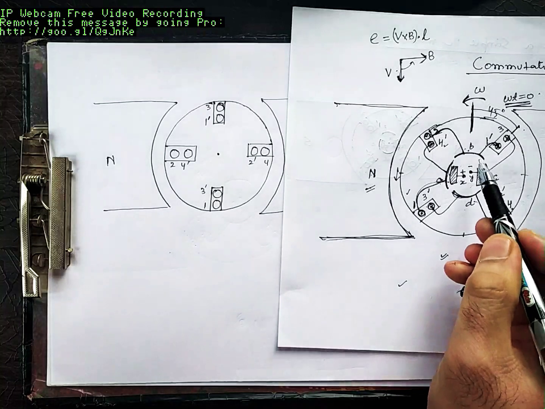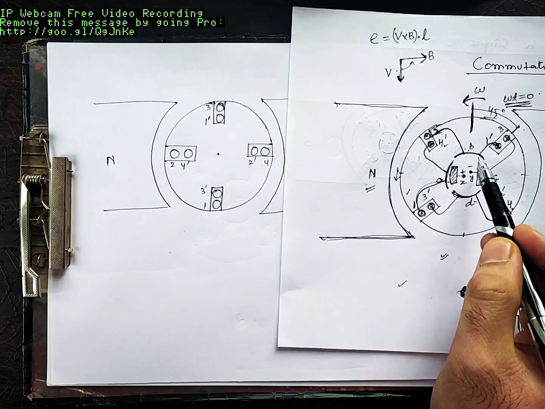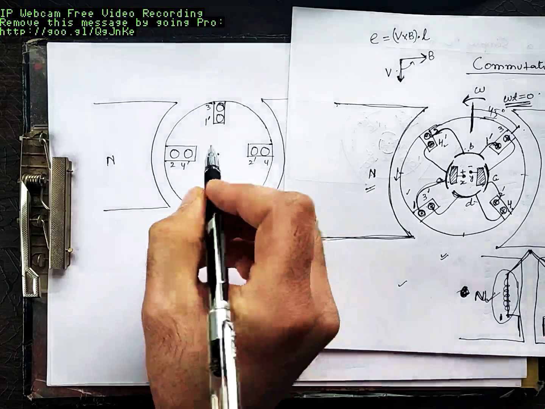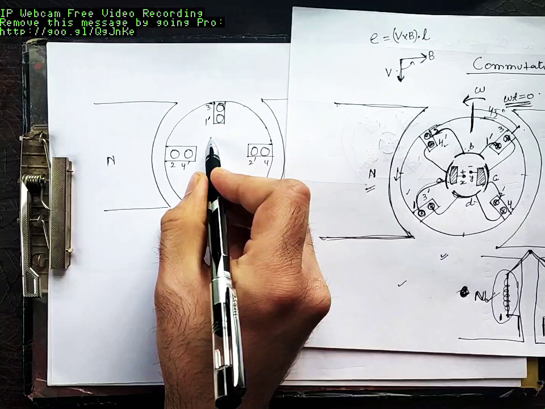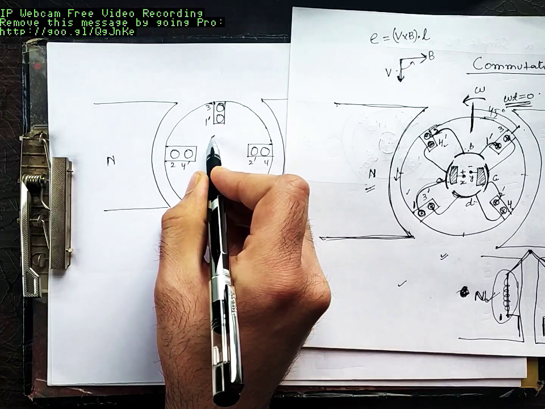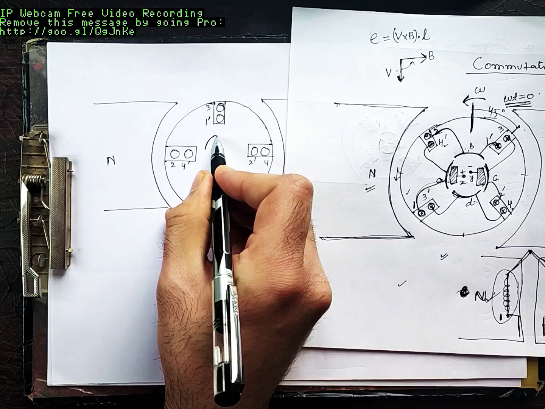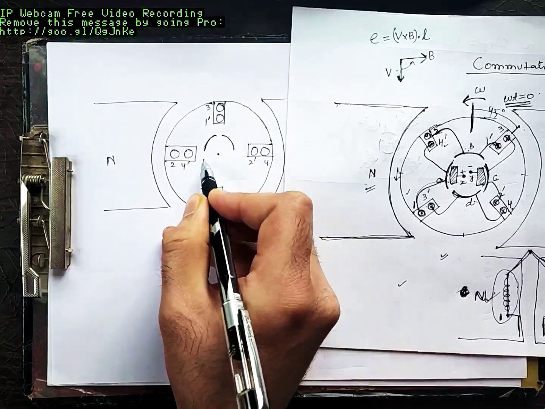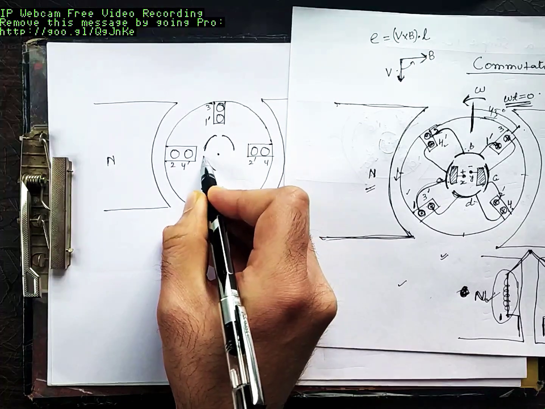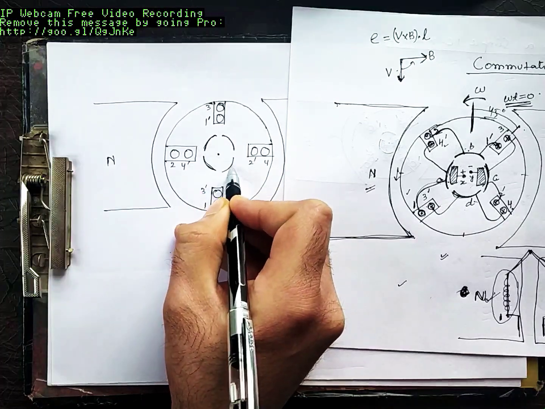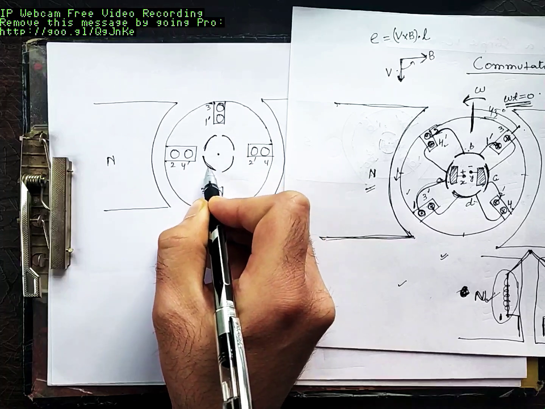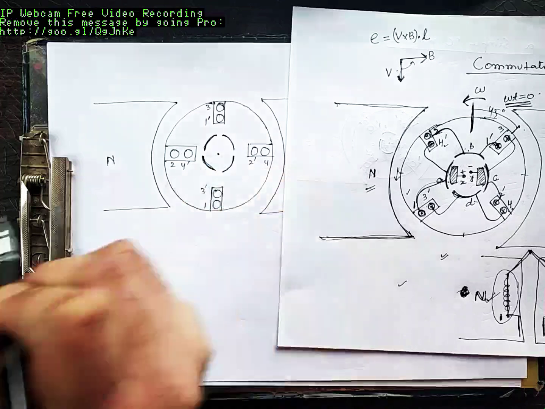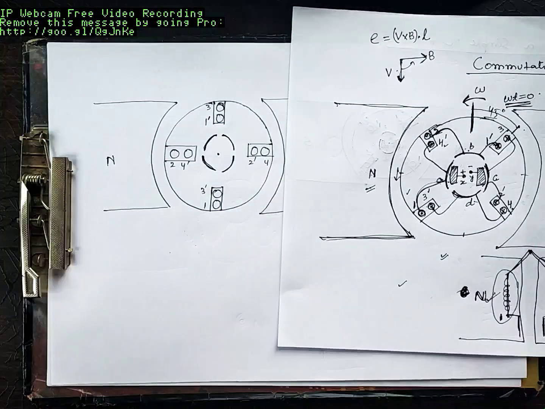Since commutator segments are rotating with the machine, they will also rotate. These are the 4 commutator segments.